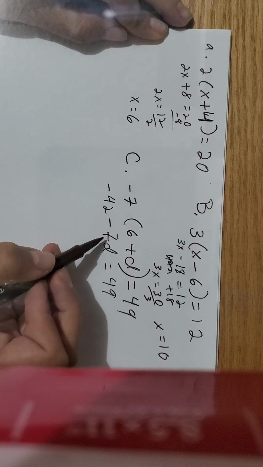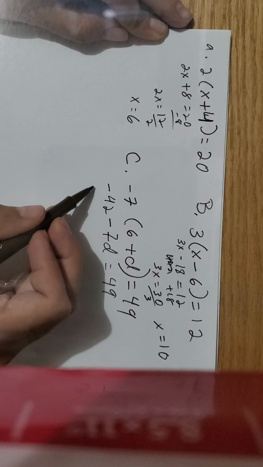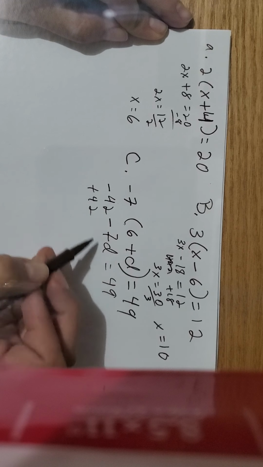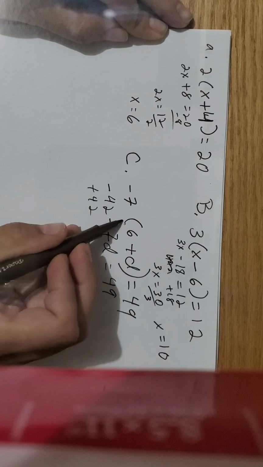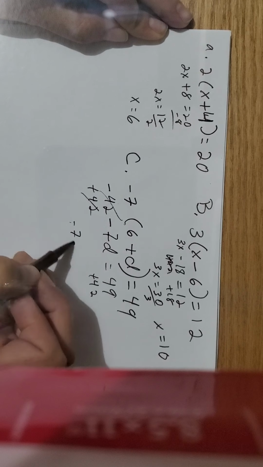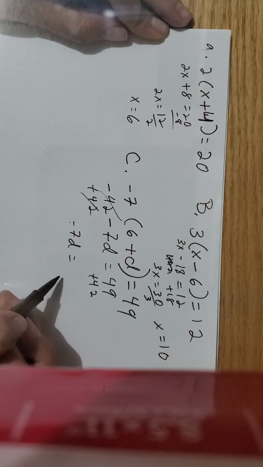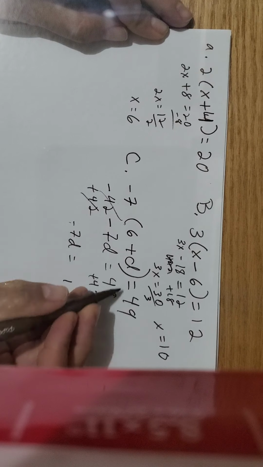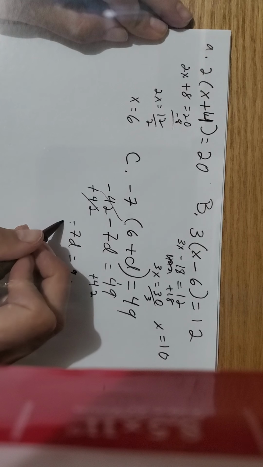Okay, now you have to get rid of this part. It's a negative 42, so the opposite is positive 42. For positive 42, this is gone, giving you negative 7d. And then 49 plus 42 is 91. Okay.